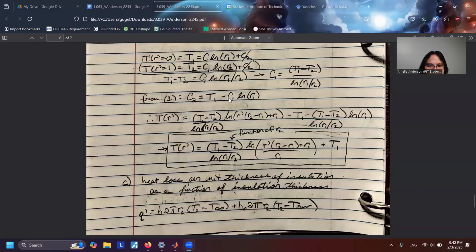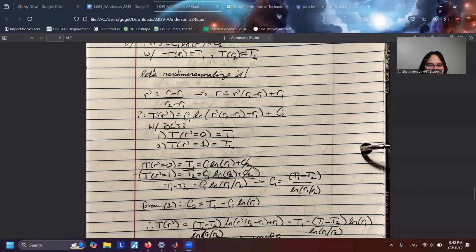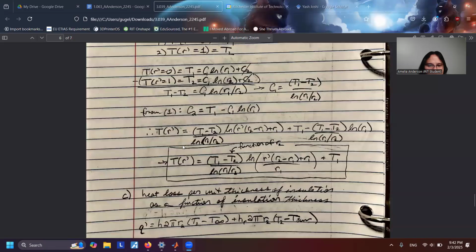We're going to plug in the C1 that we got, so we have T of R is equal to T of R'. We're going to plug both of those things into this T of R'. So we're going to say C1, which is this (T1 minus T2) over the ln ratio, times ln of this mass, plus C2, which is the T1 minus C1 ln R1.